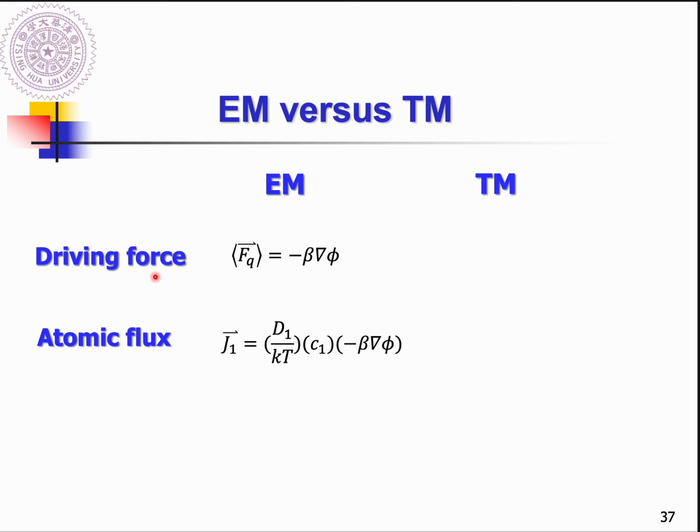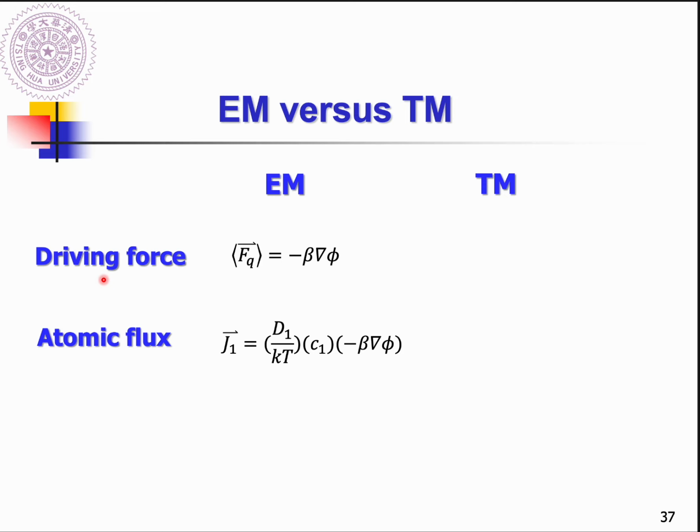Under that situation, the driving force acting on these diffusing atoms can be expressed like minus beta electrical potential gradient, and the atomic flux induced by the EM can be expressed as the mobility, concentration, and the driving force. And just a quick reminder, you can observe some difference between the driving forces, right?